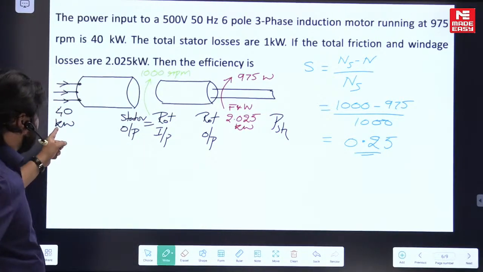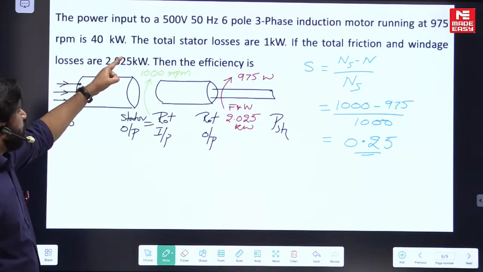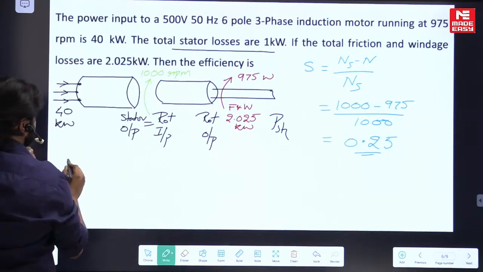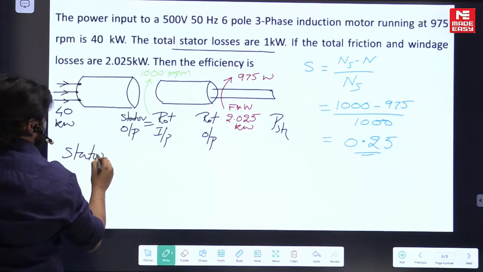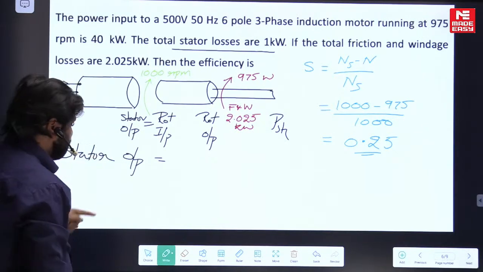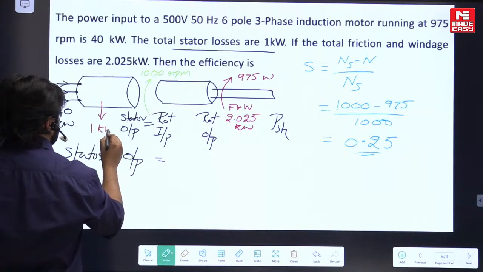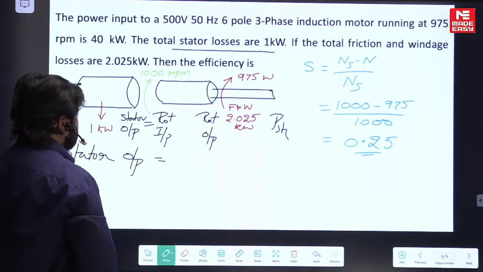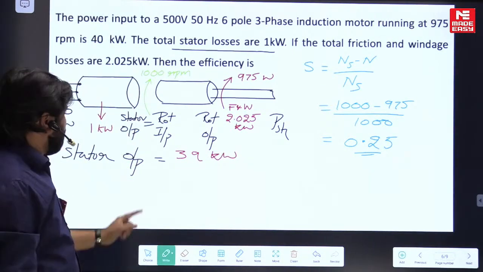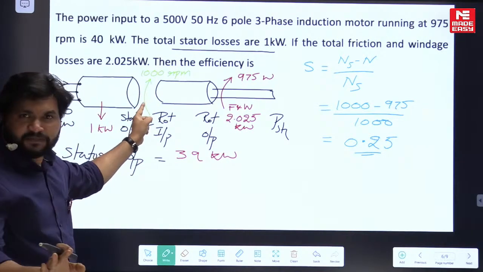Given in the question very clearly, 40 kilowatt is the input of the stator, and total stator losses are 1 kilowatt, which means stator output is stator input minus stator loss. Stator loss is 1 kilowatt, so stator output is 39 kilowatt. Stator output is equal to rotor input because in the air gap there is no loss.